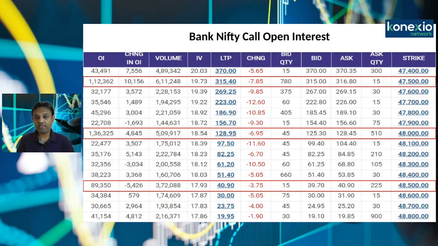So on an immediate basis, 47,500 could act as an immediate resistance. If there is no cool off, and if prices sustain above 47,500, then there are chances that Bank Nifty might see an extension of the rally towards the 48,000 mark.